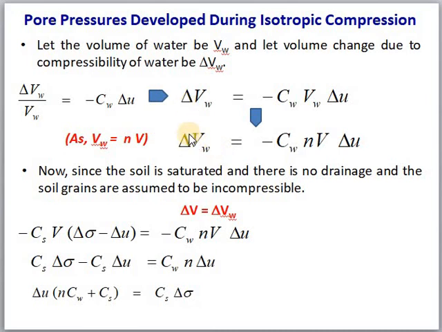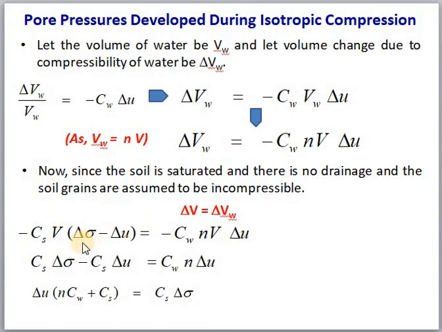Then we have the expression delta Vw is equal to minus Cw n V delta U. That means we have converted the change in volume due to water in terms of the volume of soil. Now, as the soil is saturated, there is no drainage, and the soil grains are assumed incompressible, the total change in volume we had initially will be equal to delta Vw.